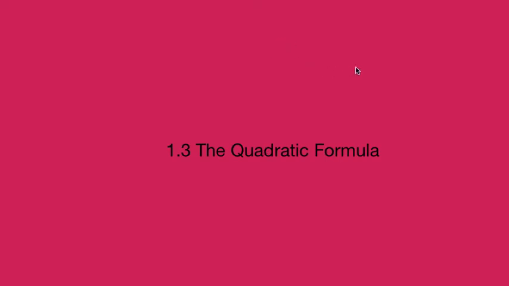Okay, we're going to be looking at the quadratic formula. Now, this is something that you should already be familiar with. So let's look at our basic quadratic equation in basic form: ax squared plus bx plus c equals 0.